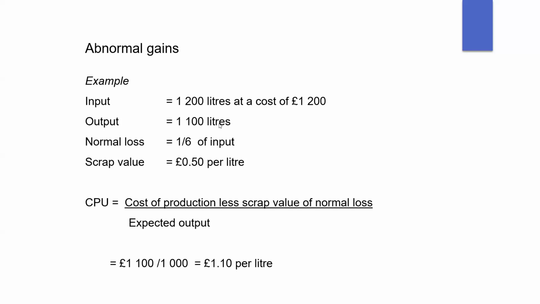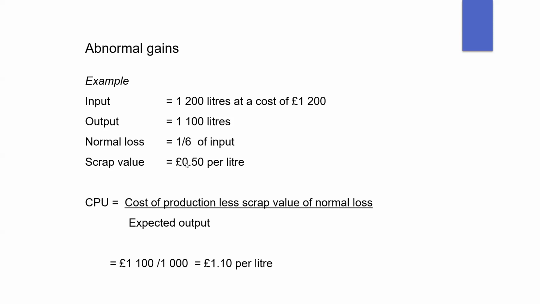So now let's see how we are going to record abnormal gain. Here I'm going to use the same example. Here we are going to input 1200 liters at a cost of 1200 pounds. Here the output is 1100 liters and normal loss is 1/6 of the input.